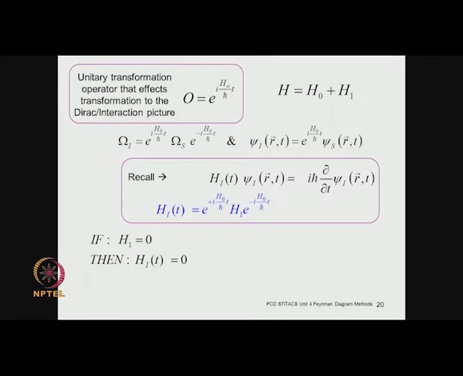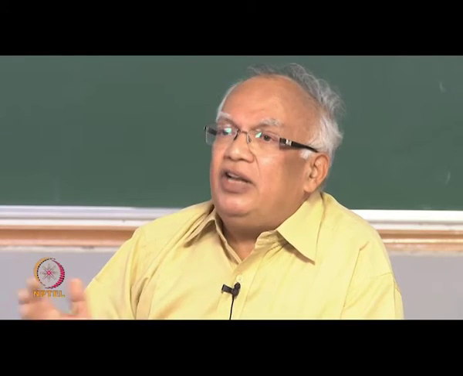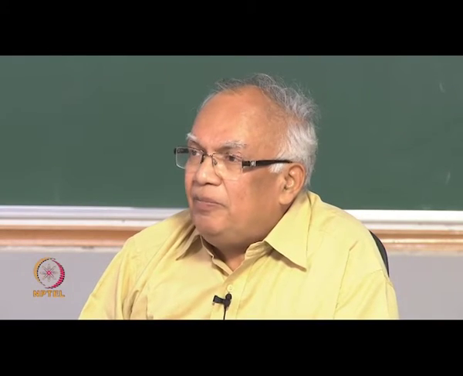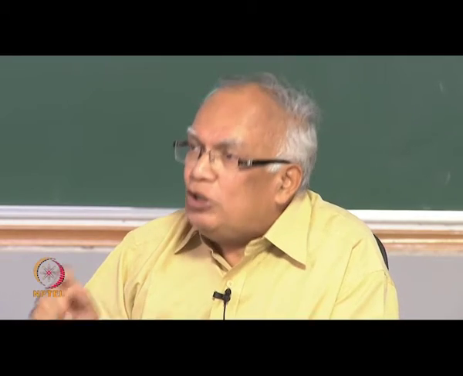And notice that if there were no interaction, the electron interaction were 0, then this H1 would be 0, H_I would be 0, and if H_I is 0, then the time derivative of the interaction picture wave function would also be 0, and then the interaction picture becomes independent of time. So, it is particularly tailored to deal with the electron term, which is the one which we really want to focus on.